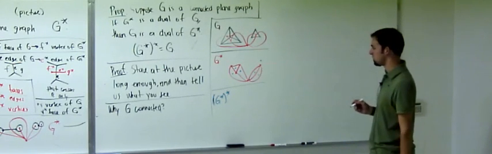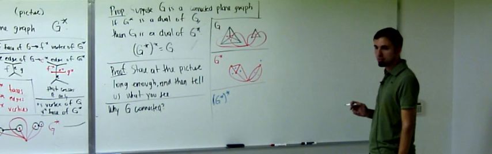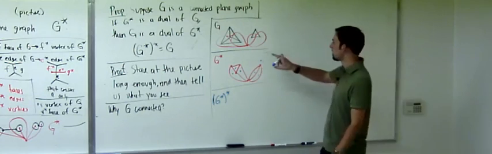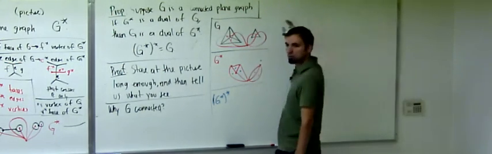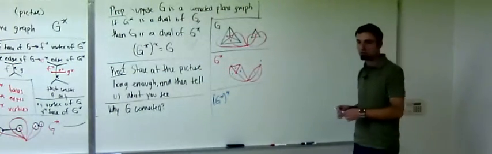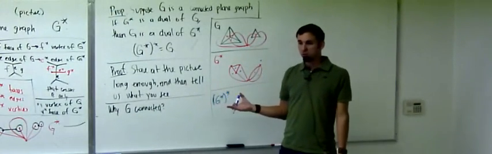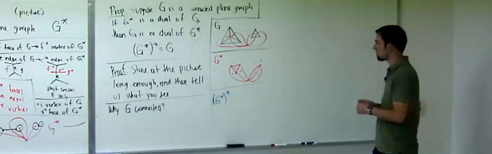When you choose the vertex outside the picture, how do you know where to put that? I don't know. It doesn't matter. So the question is, how do I know where to put this outside vertex? Do I put it here? Do I put it here? Do I put it in the student center? Those are all perfectly good options. That's why I say that there are different possible duals, because you could choose any point in the outside region.